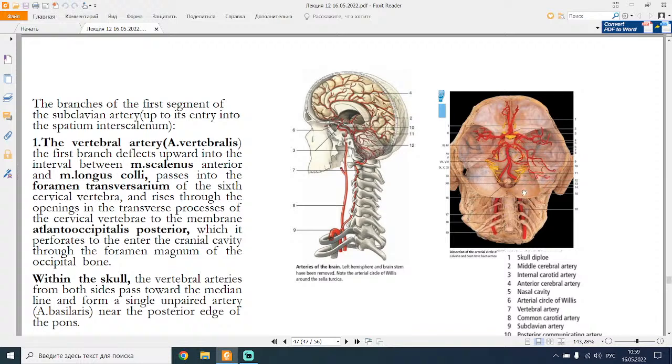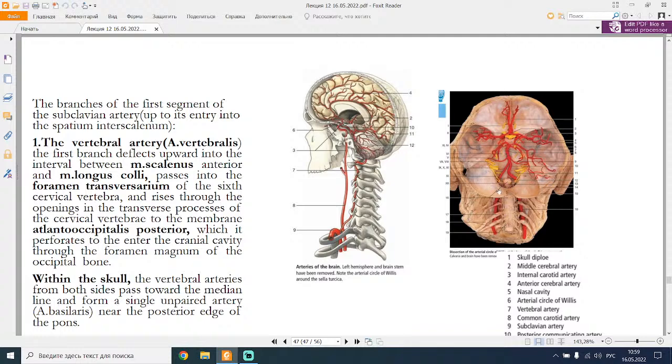In the skull, the vertebral arteries from both sides pass toward the median line and form a single unpaired artery, arteria basilaris, near the posterior edge of the pons.